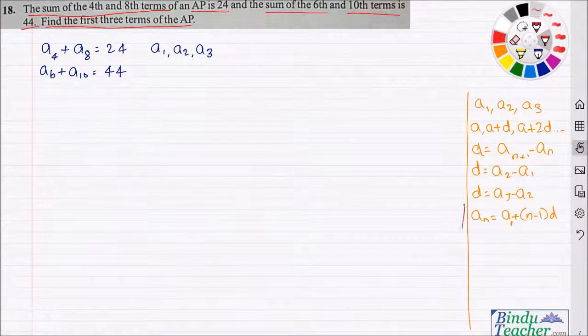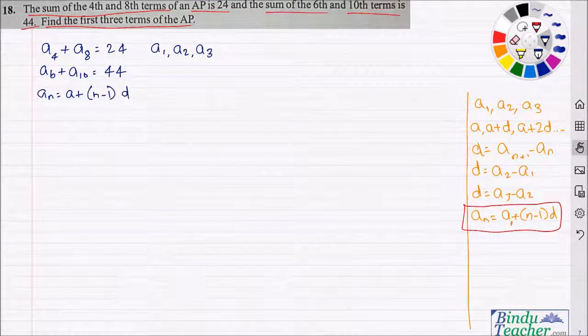Now let's use the last formula that we wrote to solve this question. So we have a of n equals a plus n minus 1 into d.